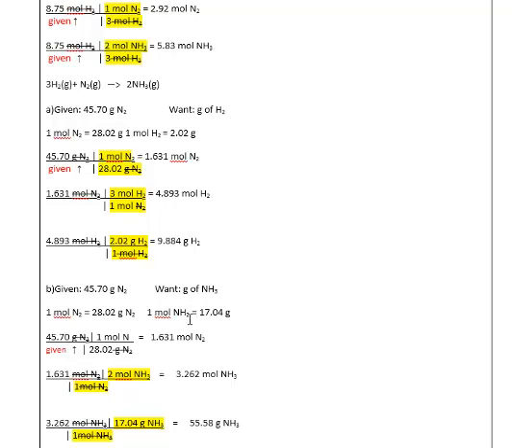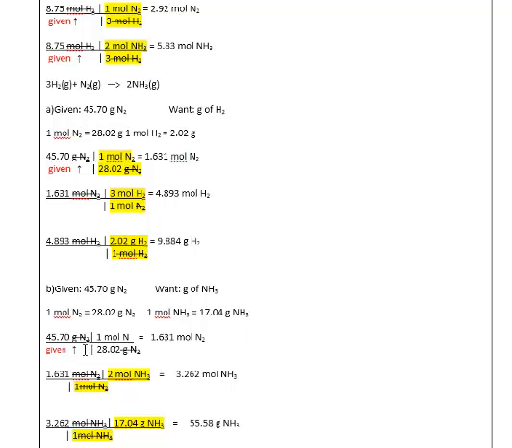So again, you're going to have to find this, and this needs to be changed. This is what it should look like. 1 mole of nitrogen is 28.02 grams of nitrogen. 1 mole of ammonia equals 17.04 grams of ammonia.